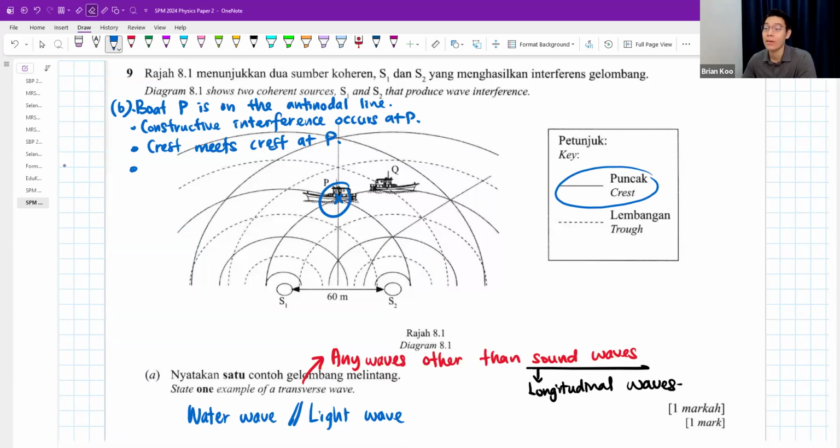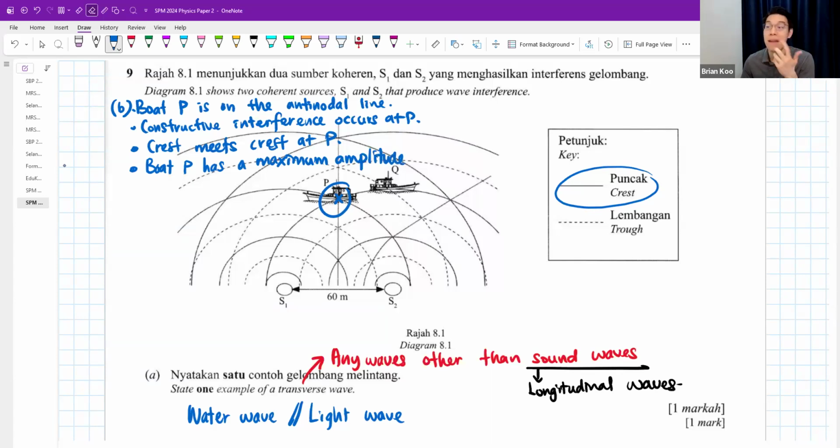Okay, and why does it shake up and down a lot? It is because P has a high amplitude, has a max, not high is not enough. You have to mention the word maximum amplitude. Both P has a maximum amplitude.